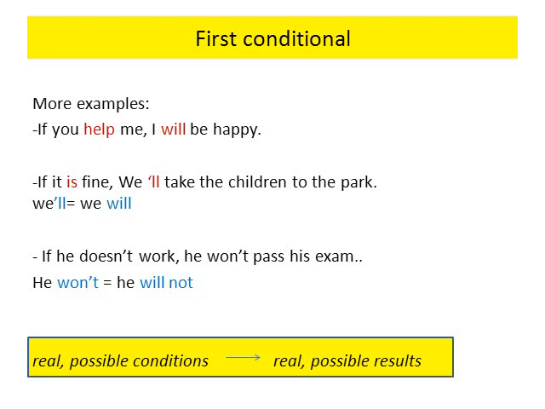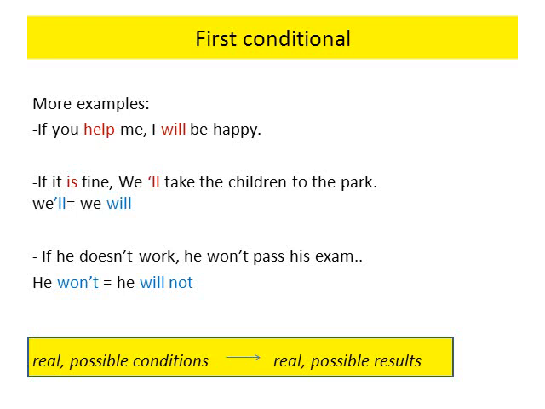More examples. If you help me, I will be happy. If it is fine, we'll take the children to the park. If he doesn't work, he won't pass his exam. We'll is the contraction of we will, the short form of we will.